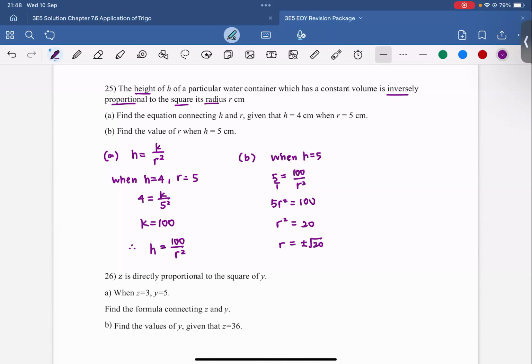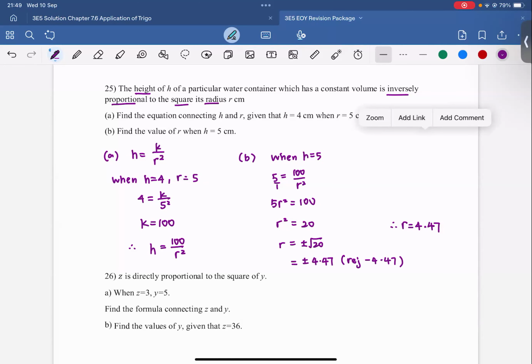Square root 20 is 4.47, to 3 significant figures. But we need to reject negative 4.47 because the question says r stands for radius, so it can only be positive. Okay, this is inversely proportional.